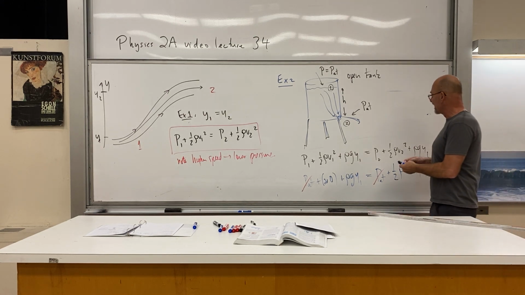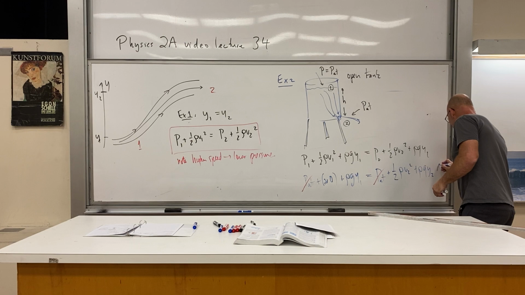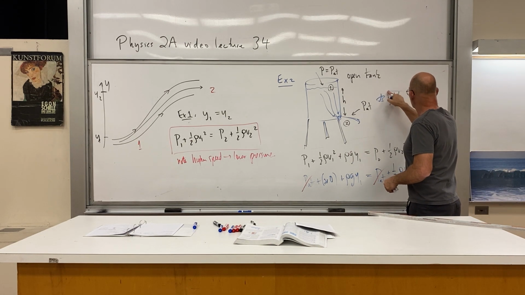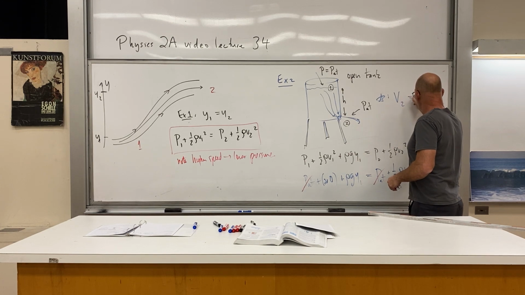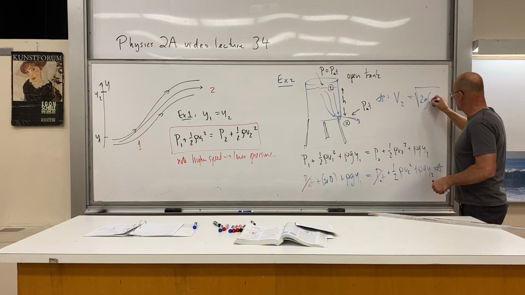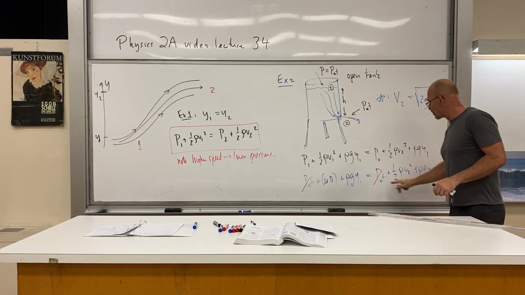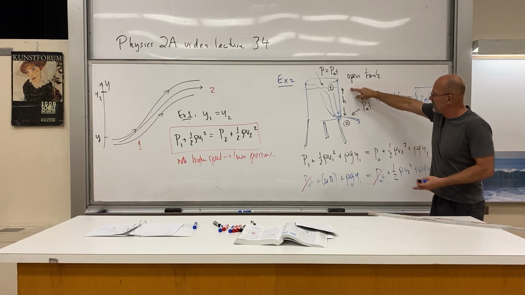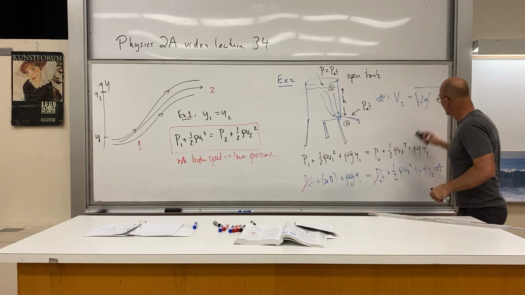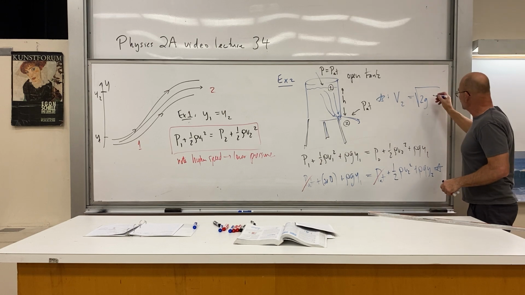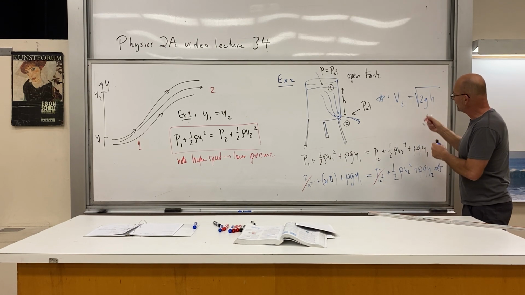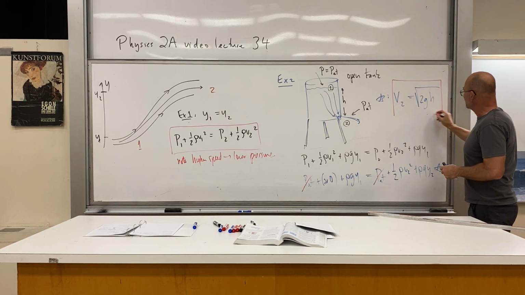And what we're going to get, I'll call this thing star, is V2 equals root 2g times (y1 minus y2). But that is just H, so I'm not even going to write that down now. Root 2gH. Make sure you see these steps.